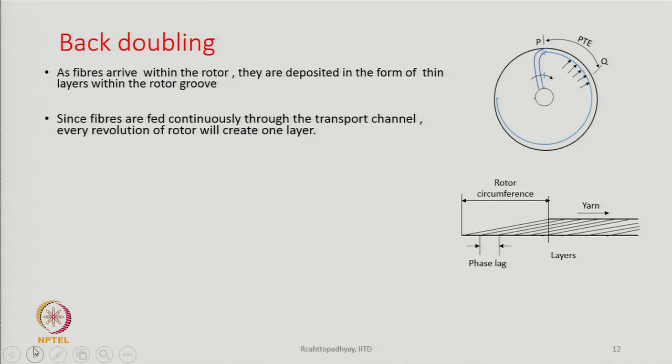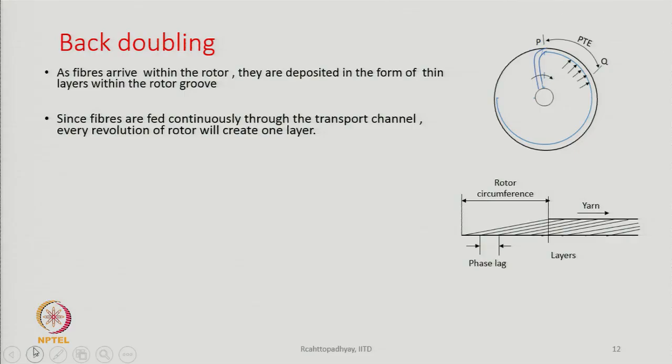We have learned the word doubling from the time you have learned draw frames, where slivers are doubled together. So, several slivers are put together one after the other, and we double them, call it a doubling operation, and there we do it in order to improve the regularity of the sliver. So, doubling in a way improves regularity.